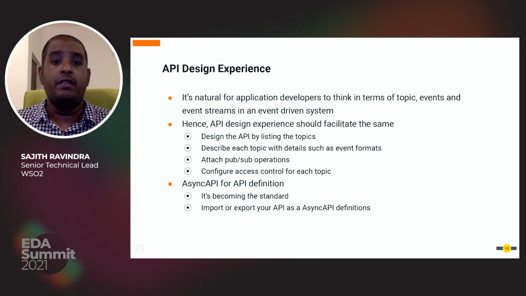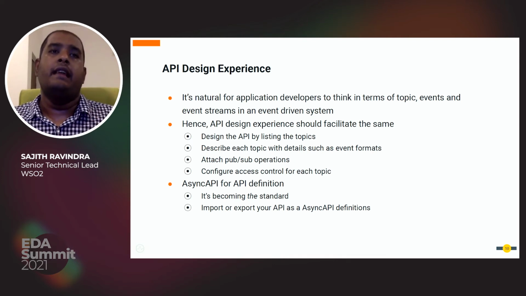This is a well-known standard, so another team, maybe operating in another organization, can get that AsyncAPI definition and very easily use it to plug into your system. Likewise, you should also have the facility to import an AsyncAPI definition, so that you can plug into other systems quite easily by using a well-known standard.